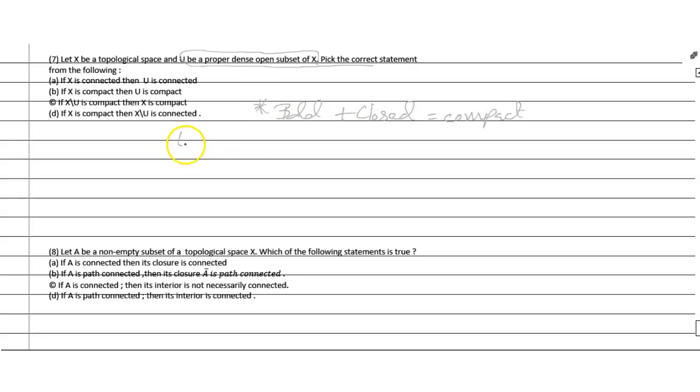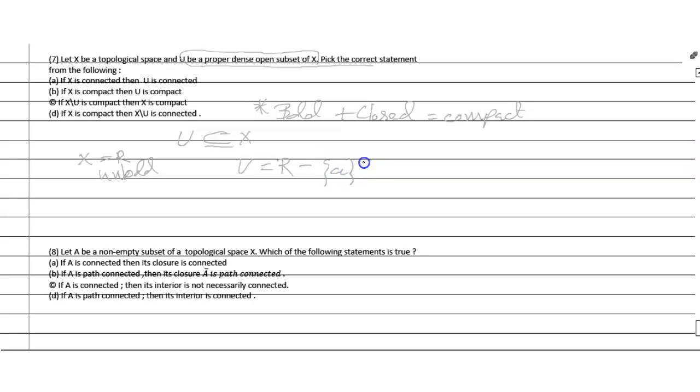U is a subset of X, and X is a topological space, any topological space, such as X is R, which is unbounded. So U is equal to, I can take R minus a.